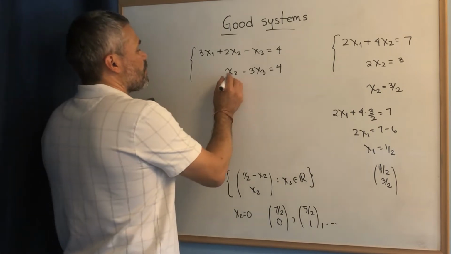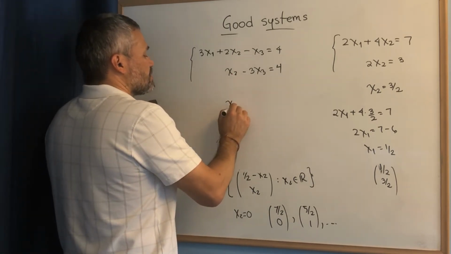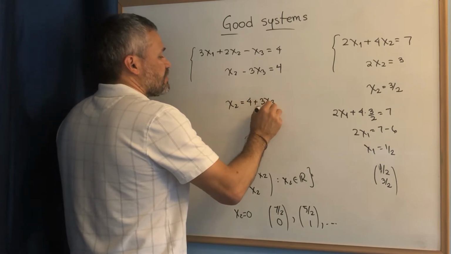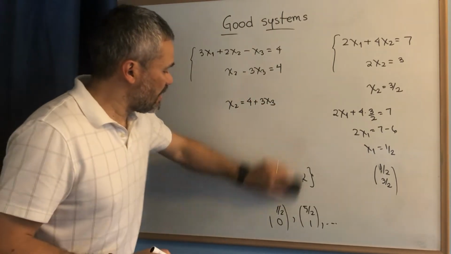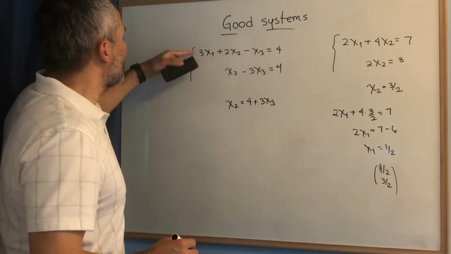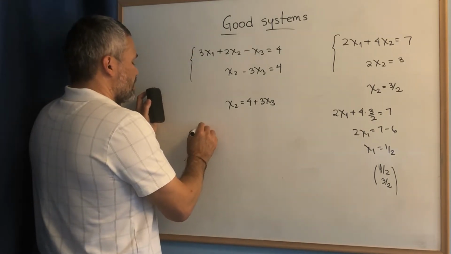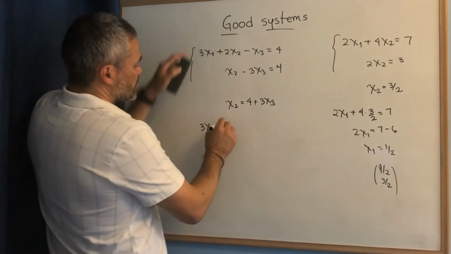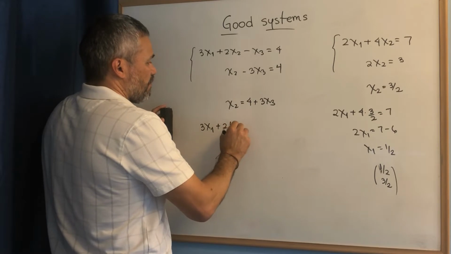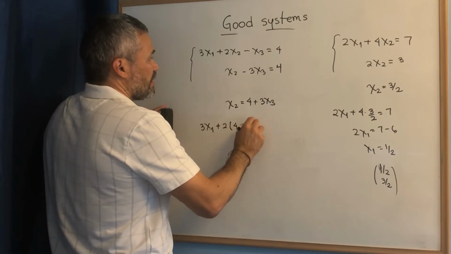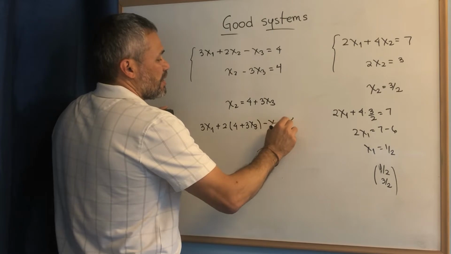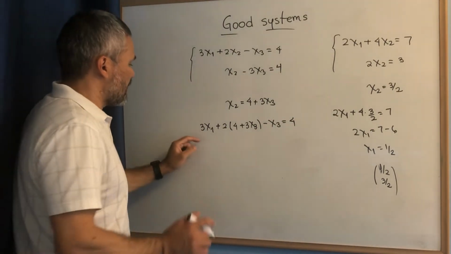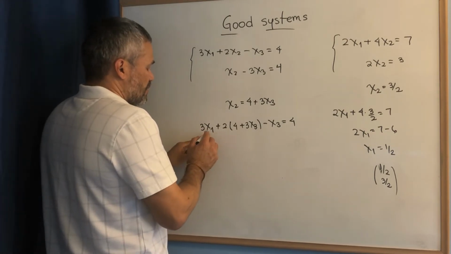We can solve for this variable here, and I can say x2 is 4 plus 3x3, and then I can replace this information in the other equation, and I get 3x1 plus 2 times x2, but x2 I'm going to replace it with 4 plus 3x3 minus x3 equal 4, and then I'm going to solve for x1. Let's see, what do I get?